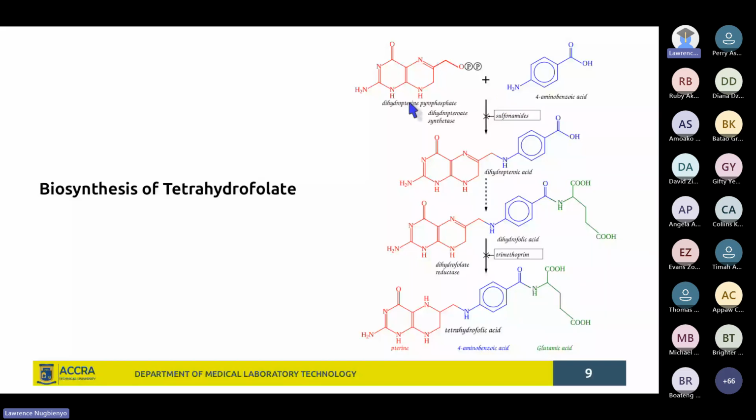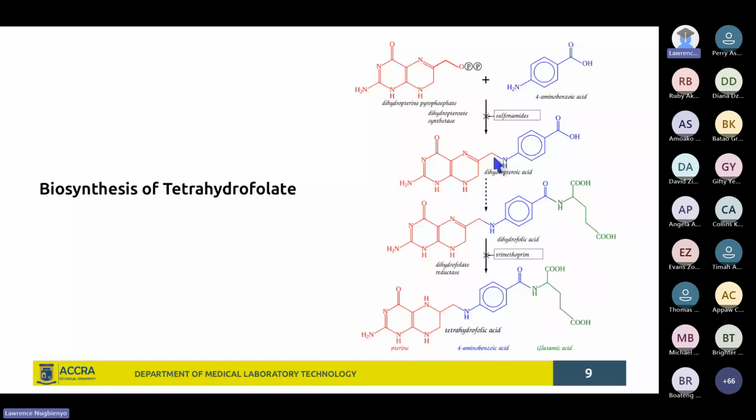So from the beginning, at the top, we have dihydropteridine pyrophosphate, the red compound. And you have 4-aminobenzoic acid, that's the blue compound. These two conjugate. The pyrophosphate is removed, and you see that there is a conjugation.